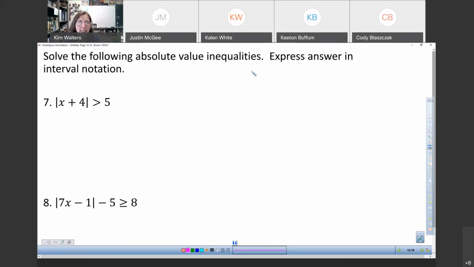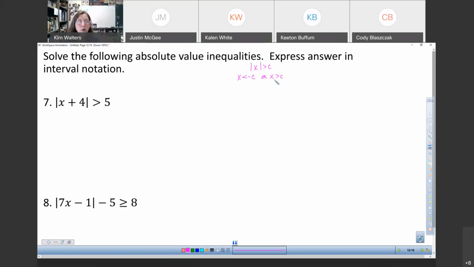If I have the absolute value of x is greater than some positive constant, I'm going to solve two inequalities. I'm going to start with x is less than the opposite of the constant, or, and it's always going to be an or, x is greater than the constant, okay?